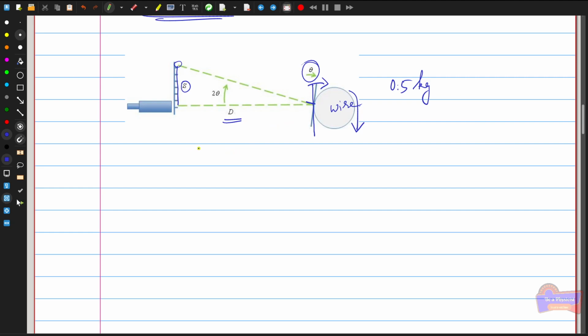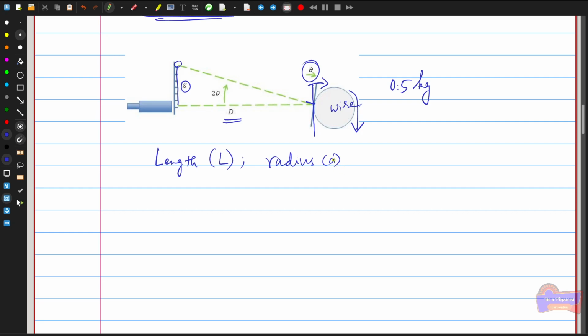Okay, so we know the length of the wire, which is taken as L. This length is the length of the wire from the fixed end to the mirror, which we have attached. The radius a can be measured from the screw gauge.